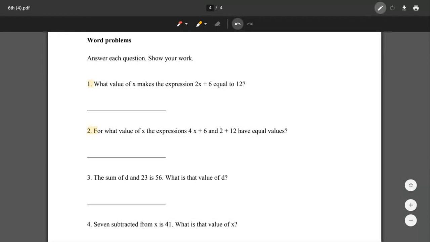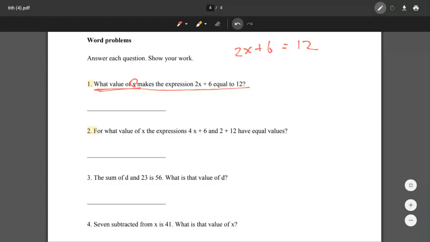So number 1, a value of x makes the expression 2x plus 6 equal to 12. Okay? So we are looking for x, right? And so how do we set this expression up? We set 2x plus 6 equal to 12, okay?